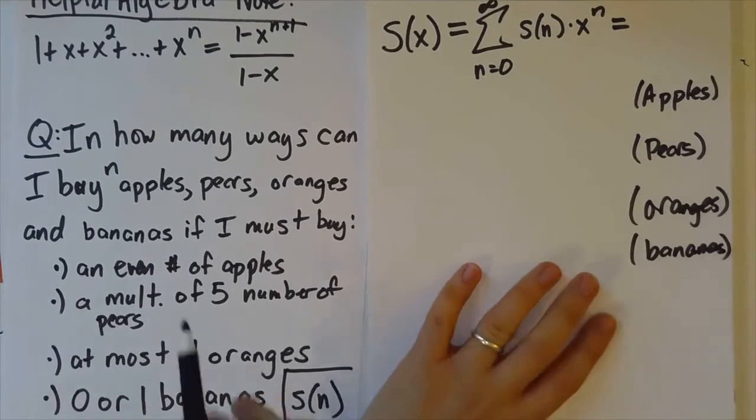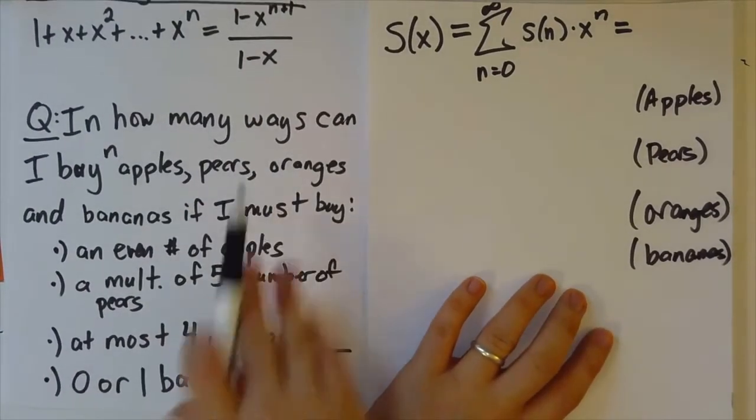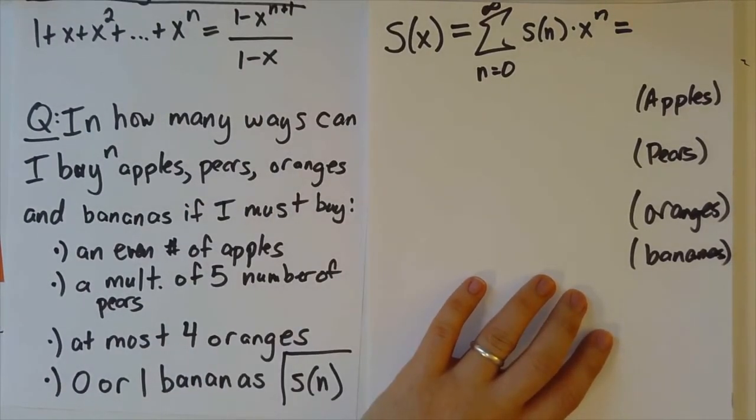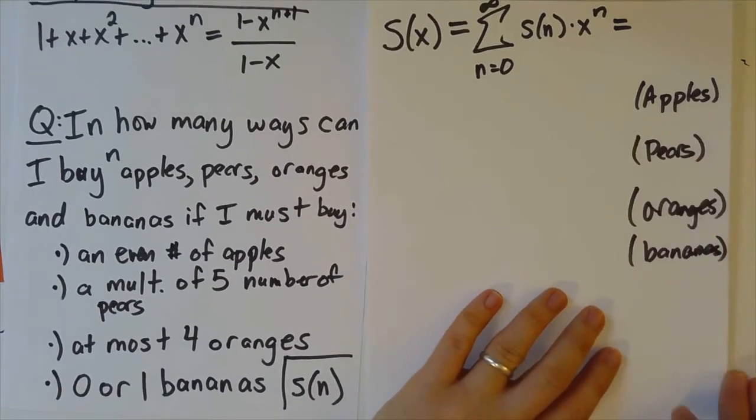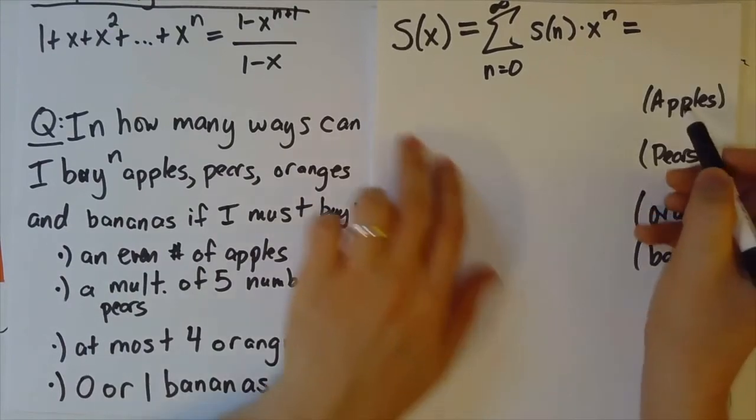Okay, so let's look at the apples first. I can buy an even number of apples. That is to say I am allowed to purchase 0, 2, 4, 6, 8, and so on apples.